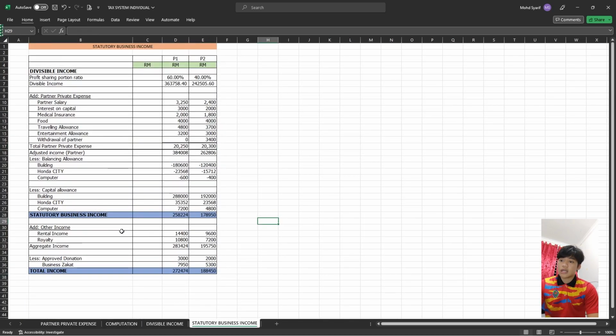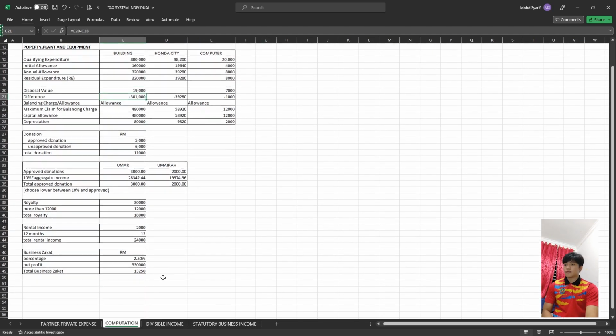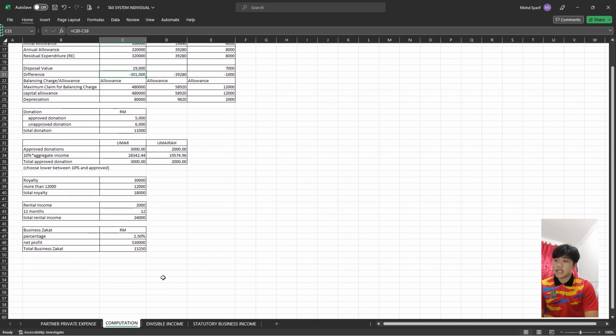We get the aggregate income, which is 280,434 and 195,750. This aggregate income affects our total income, where we less either the approved donations or 10% of the aggregate income. In this situation, the total approved donation is lower than 10% of aggregate income.